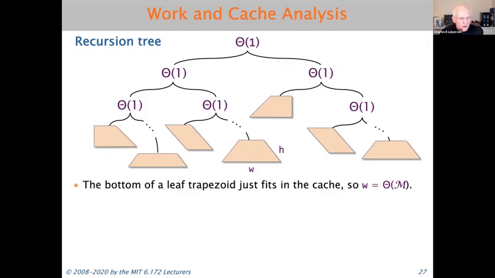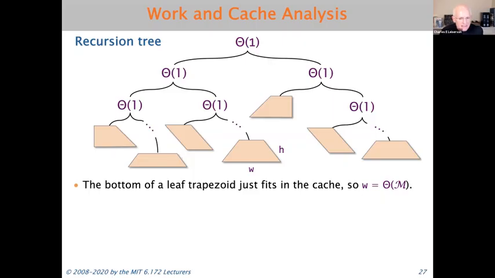I'm going to draw the recursion tree for the caching case, even though we'll do work at the same time, kind of. The bottom of a leaf trapezoid just fits into the cache. That means its parent didn't fit into the cache, but it did.